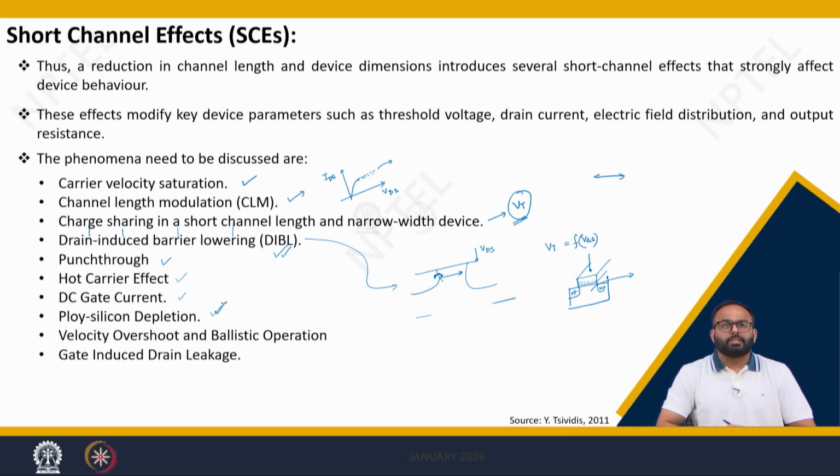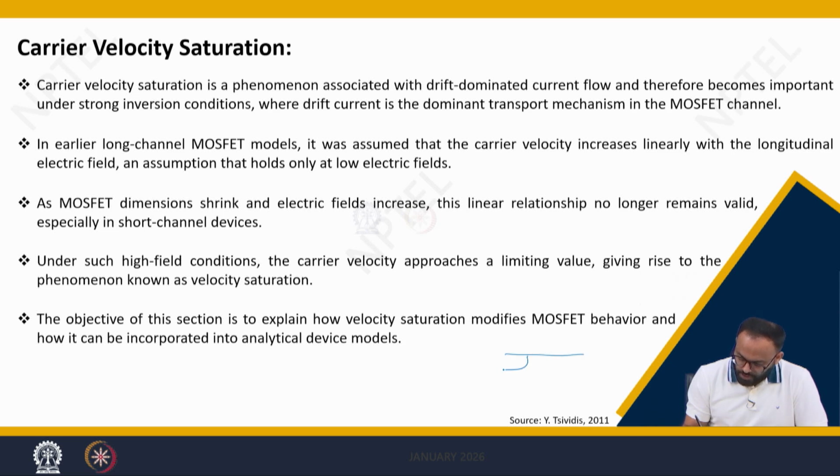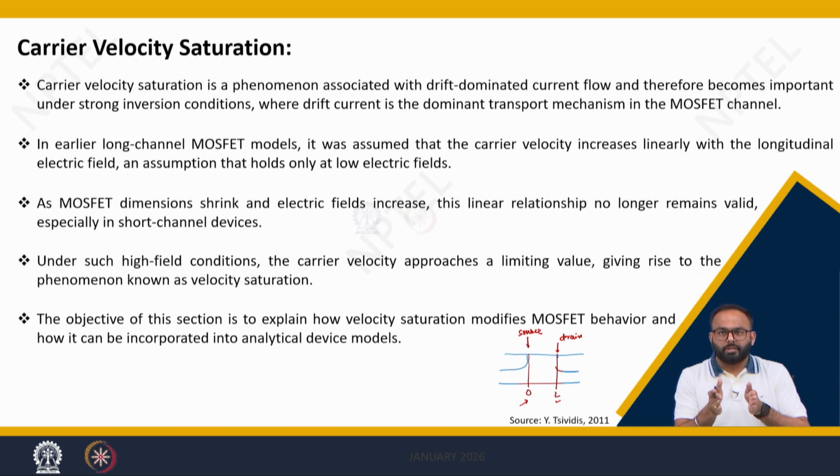There are some other effects like velocity overshoot and ballistic operation, gate induced drain leakage, and so on. So let's get started with the first short channel effect, carrier velocity saturation. As I said, when you reduce the channel length of your MOSFET, which is defined between source and drain, and we have defined with known terms 0 and L, where L is the edge at the drain side and 0 is the edge at the source side, what will happen?